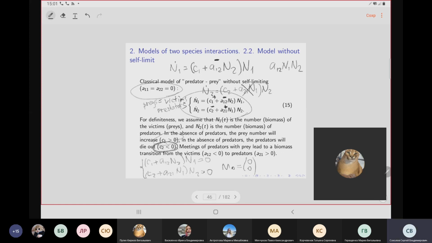And if we divide by n1 and n2, we get a simpler equation that gives us n1 equal to negative C2 divided by A21, and from the second equation, n2 is negative C1 divided by A12.